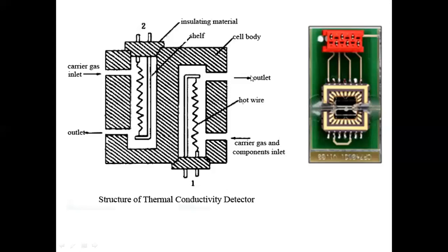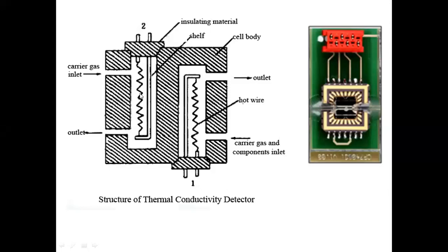You take any body, when it loses heat energy, its resistance will be varied. Therefore, the thermal conductivity is also going to be varied. This variation in the thermal conductivity is dependent upon the rate at which the thermal conductivity of the carrier gas is different from the thermal conductivity of the solute. That's it. This is the principle of this thermal conductivity detector.